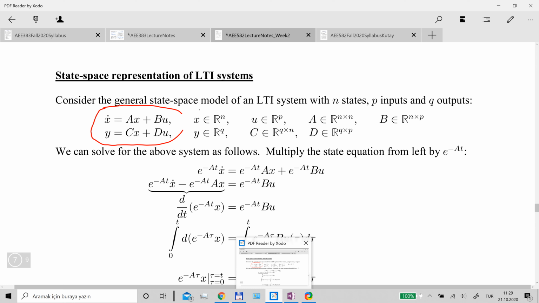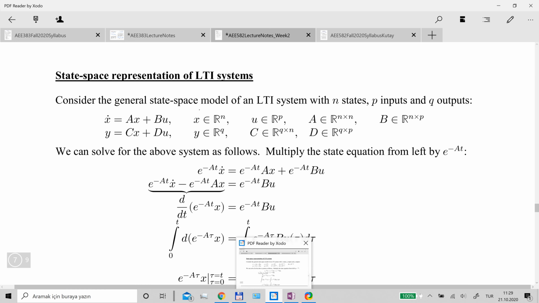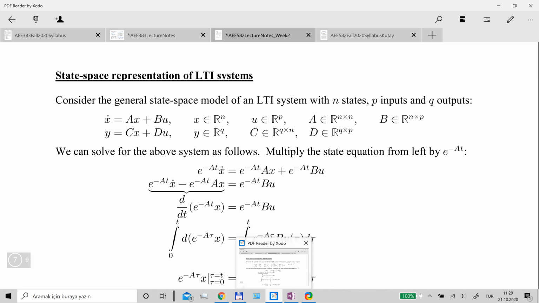Likewise, if you have a scalar input, then your U signal will be just a scalar signal, and that will make the B matrix a column matrix. But as more inputs are added to the system, U will become a vector signal, and the B matrix will be getting columns corresponding to each input.